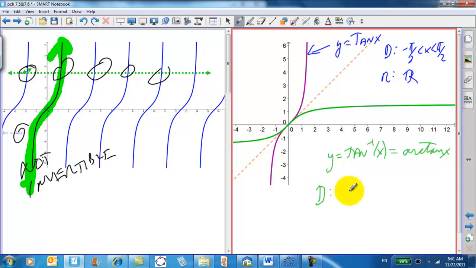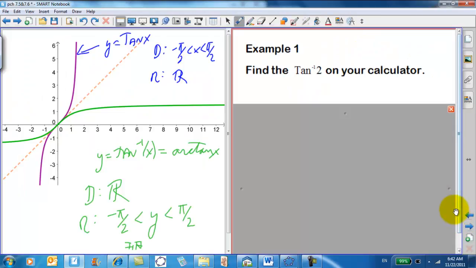So its domain is all reals, as you can clearly see. All reals. And its range is limited between there and there. Basically, -pi over 2 is less than y is less than pi over 2. So the inverse tan only gives an angle in the first or fourth quadrants. Now keep that in mind as we take on some of our problems here.